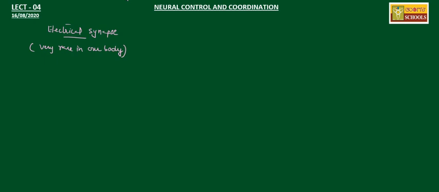In the case of the electrical synapse, this is the presynaptic neuron. This is the synaptic knob.